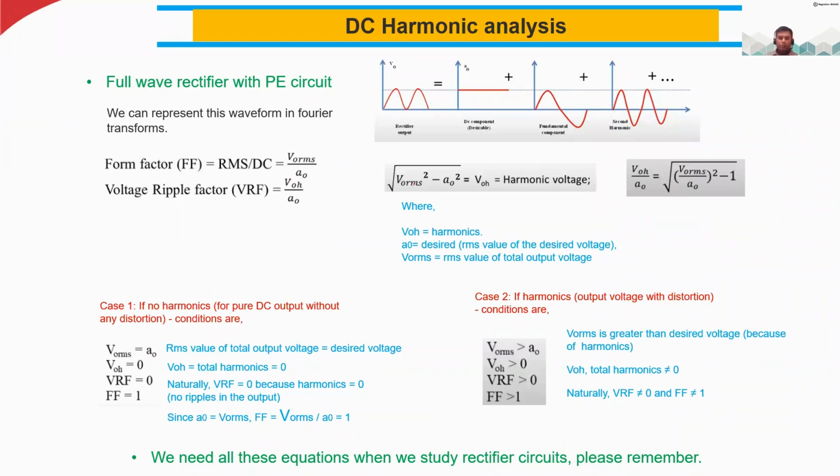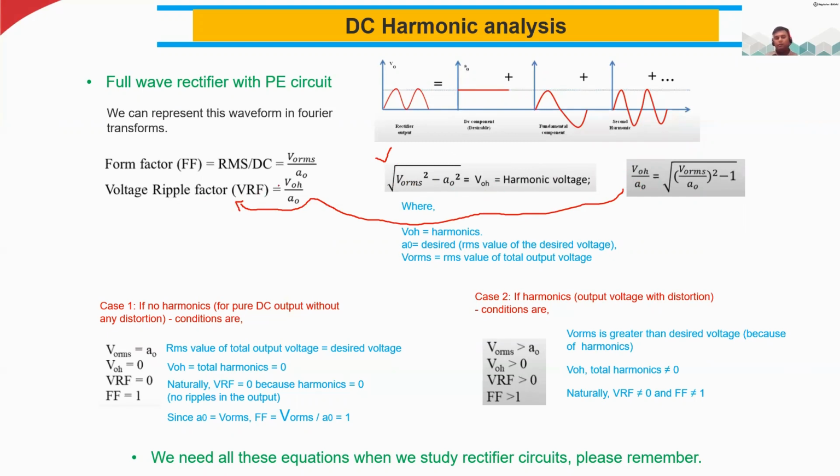So we already know this one. This is the VORMS, this is the harmonic voltage VOH. After we divide this entire equation by A naught on both sides, the equation becomes like this. This VOH divided by A naught has a name. It's called the voltage ripple factor, VRF.